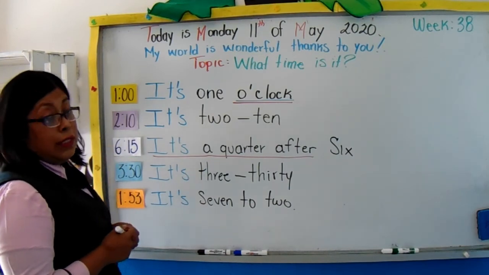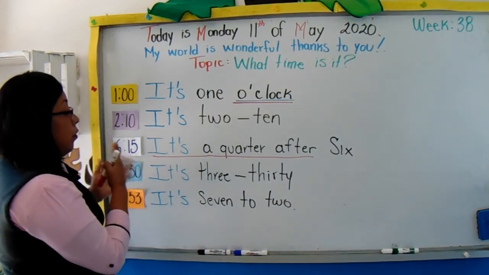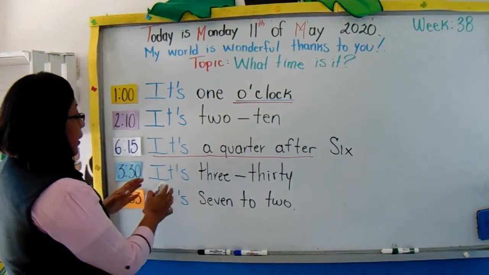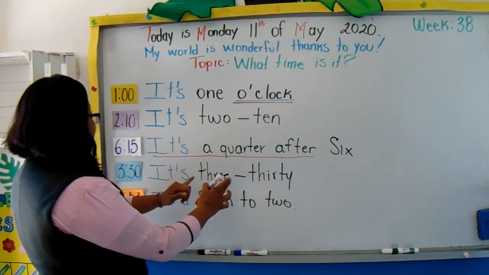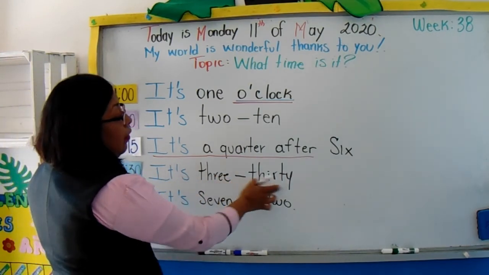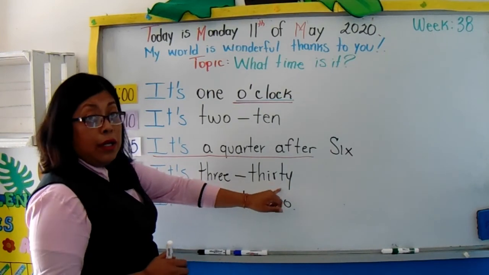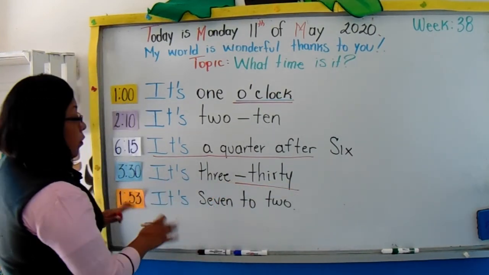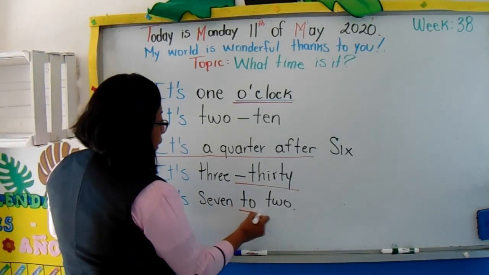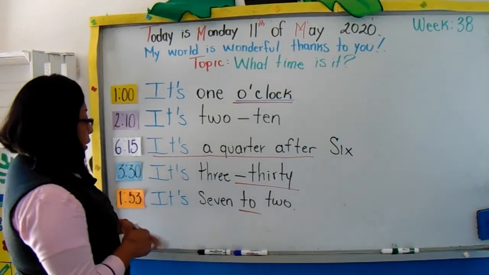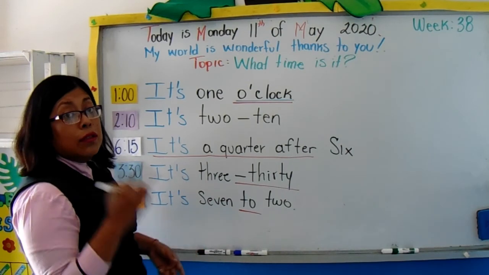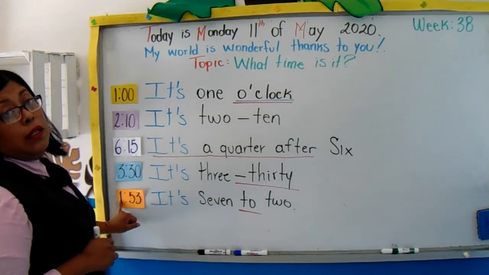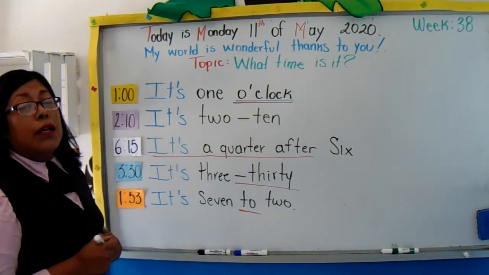En este caso fue 6. Cuando son horas medias, recuerden que se dice it's, la hora, y 30. Y cuando son minutos para, utilizamos to. En este caso son 7 para las 2. Ya no podemos usar after porque ya vamos a cambiar de hora.